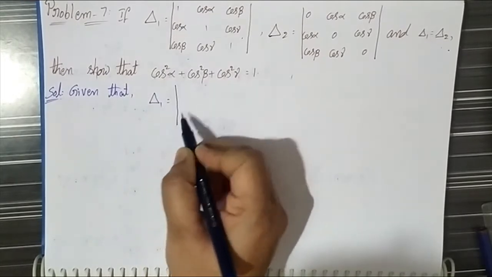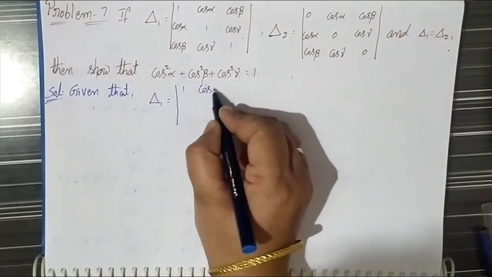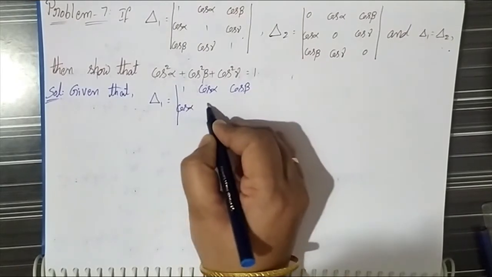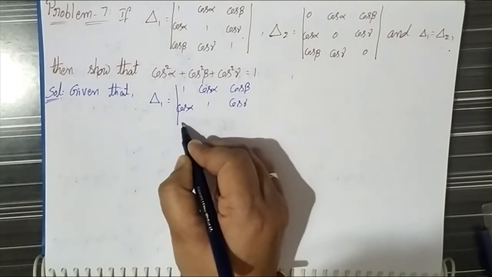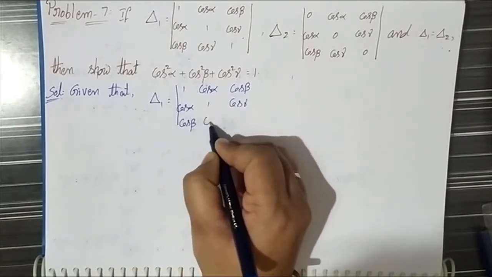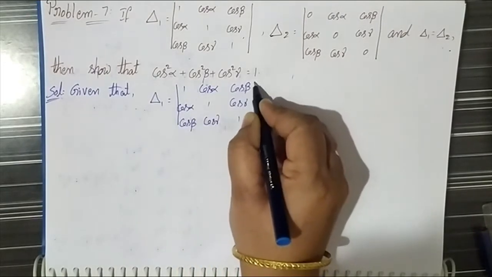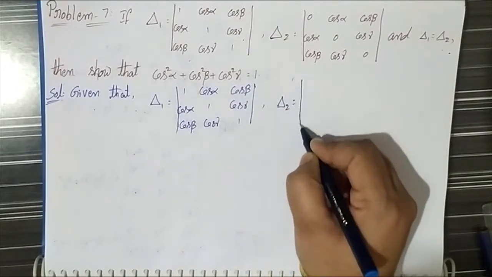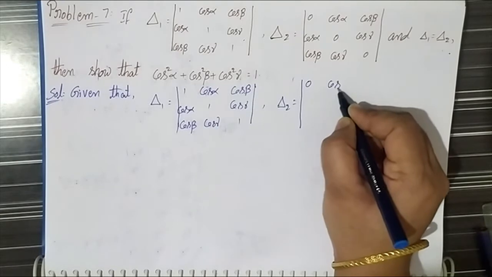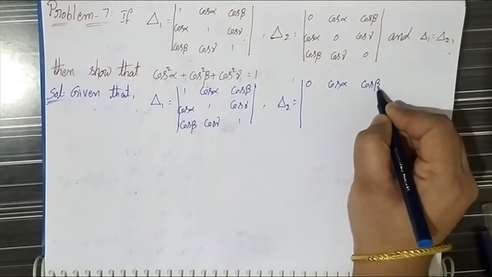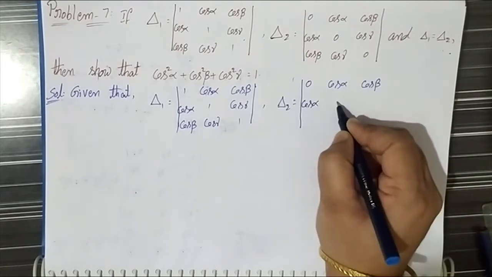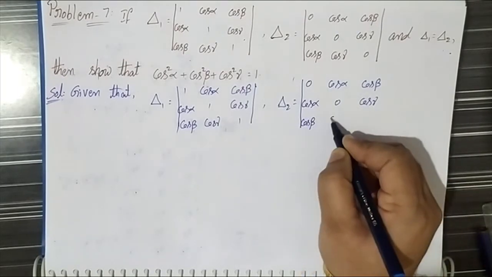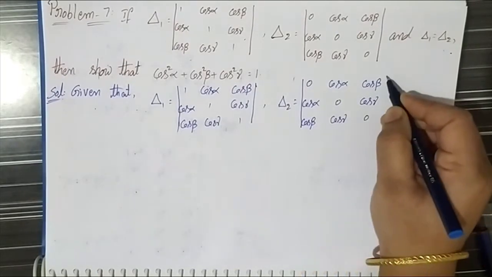Delta 1 equals the determinant 1 cos alpha cos beta, next cos alpha 1 cos gamma, cos beta cos gamma 1. This is the delta 1 value, and the delta 2 value is 0 cos alpha cos beta, cos alpha 0 cos gamma, next cos beta cos gamma 0.